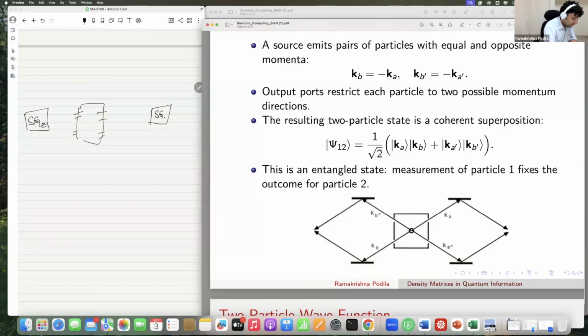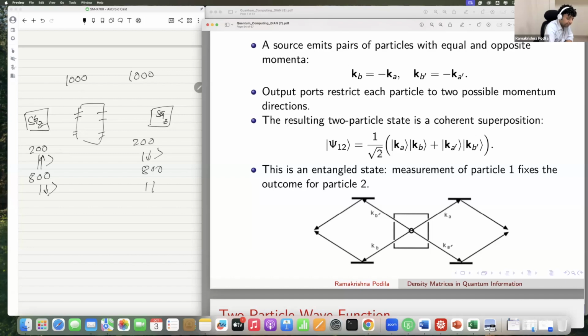If I measure 1,000 particles on either side, let's say on the left-hand side I found spin up 200 times and spin down 800 times. And on this side, I found spin down 200 times and spin up 800 times.